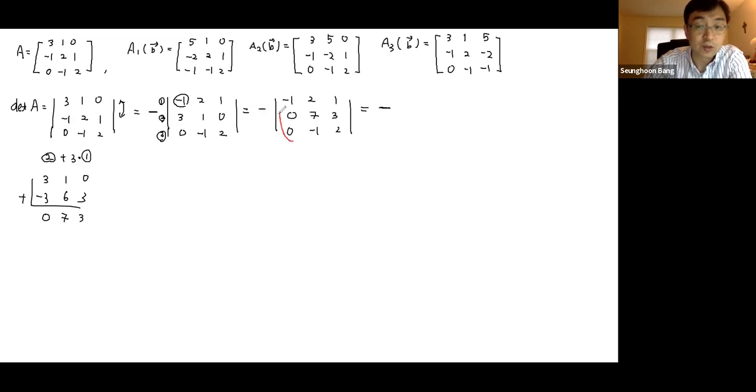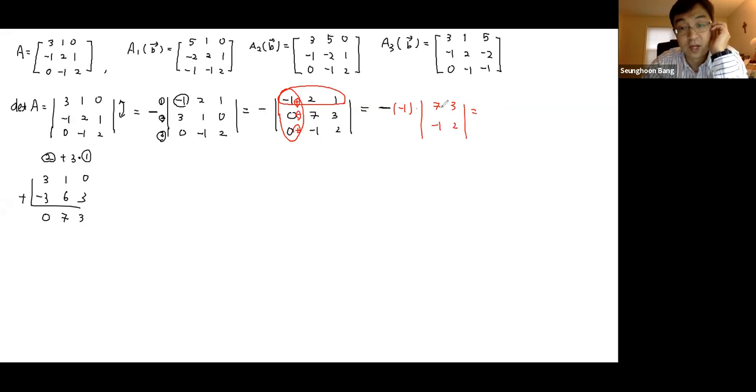The signs are positive, negative, positive. So this is -1 times the minor, eliminating the first row and first column: 7, 3, -1, 2. So -1 times -1 is +1. 7 times 2 is 14, minus -3, exactly 17. So we have 17. This is the determinant of A.